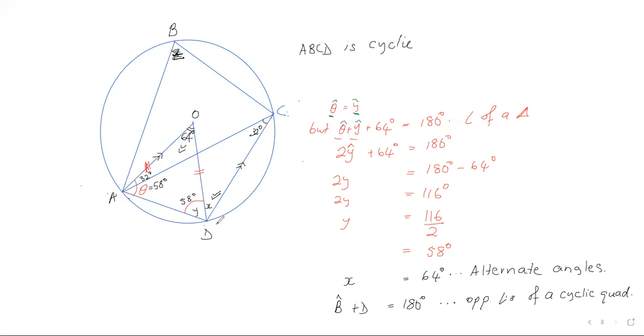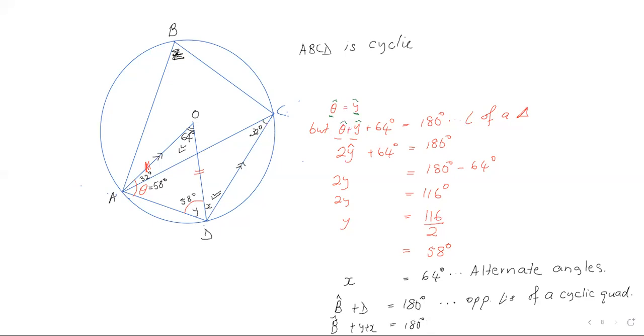Now we have 64 plus 58. That should give us 112. So D is 112.